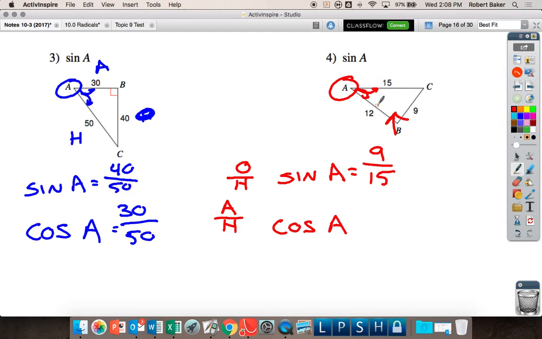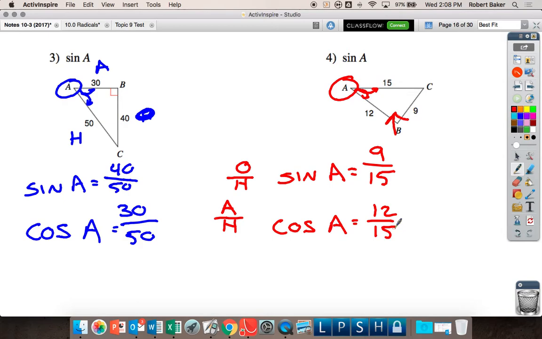Okay, 15 and 12. So which one goes on top, which one goes on the bottom? 15 goes on the bottom. 12 goes on the top. If you put 15 over 12, that's a number bigger than 1. You can't do that. It has to be 12 over 15.